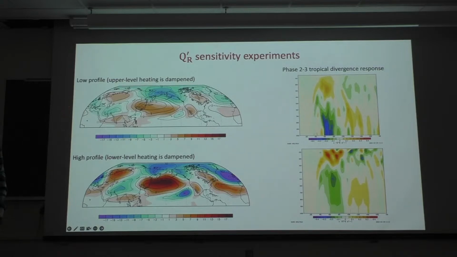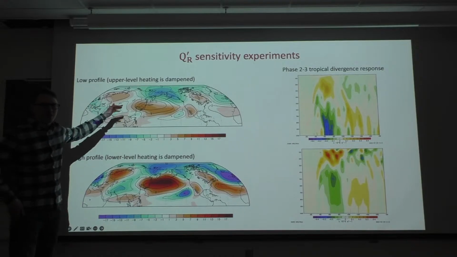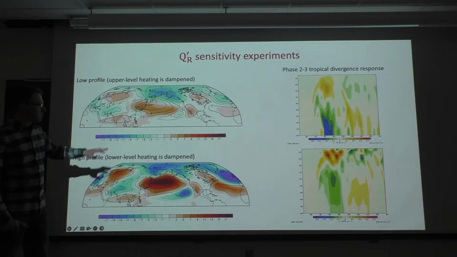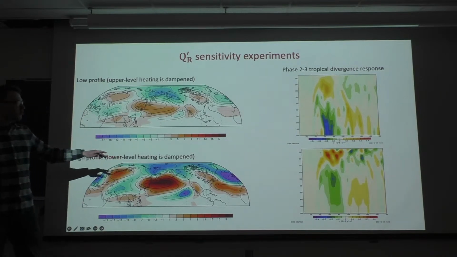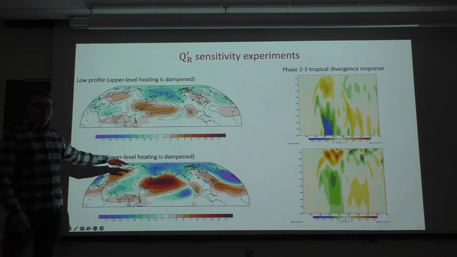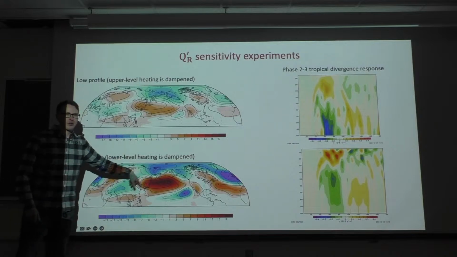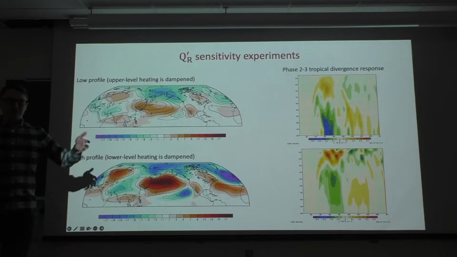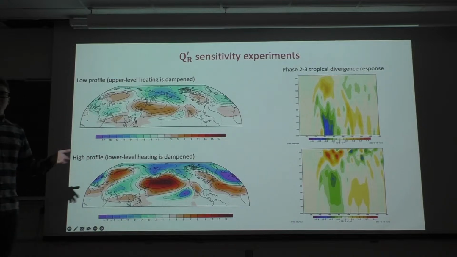And so it was the importance of, if you couldn't get any cirrus clouds at all and everything was retrieved from the lower atmosphere, what would it look like? The main takeaway is that the upper level heating looks much more similar to what we saw in our control run than the lower levels. So it's really enforcing that upper level divergence is the biggest part in understanding this whole thing. Upper level clouds.